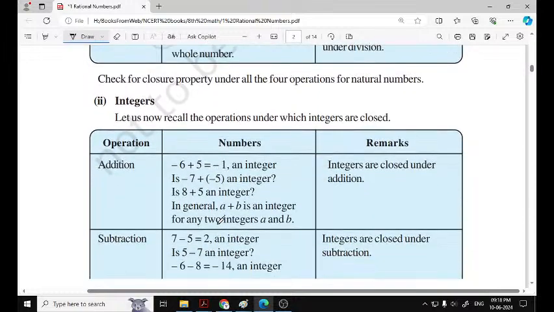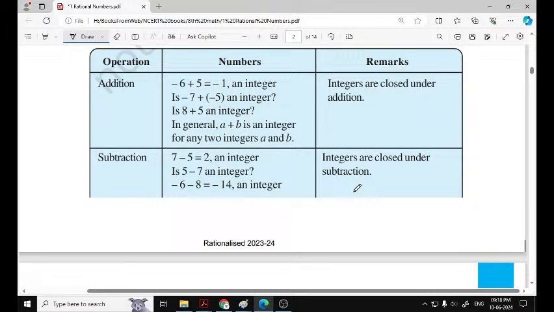Now let us check for integers. Addition of two integers is an integer, therefore integers are closed under addition. -6 is an integer, +5 is an integer.